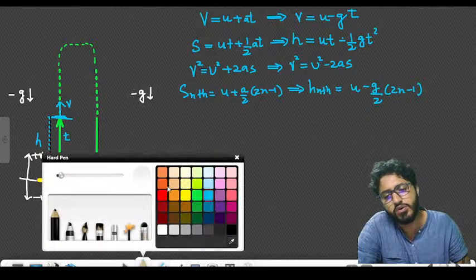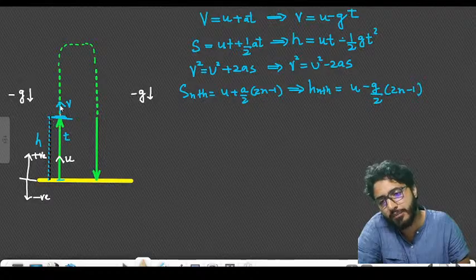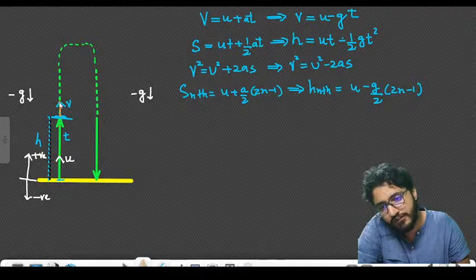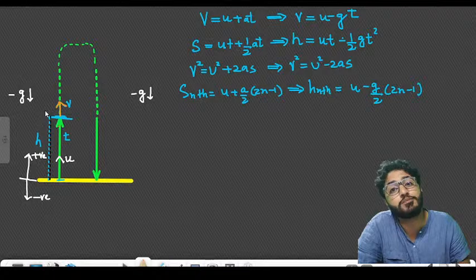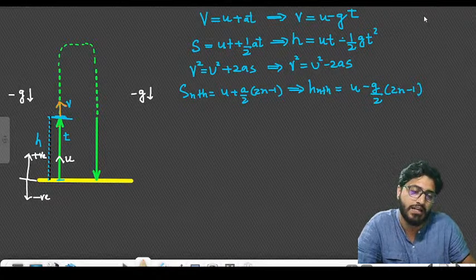Now what you need to note here: when my particle goes up, the velocity is upwards and my acceleration is downwards, so it is a retardation process. The particle is going upwards and g is acting downwards.